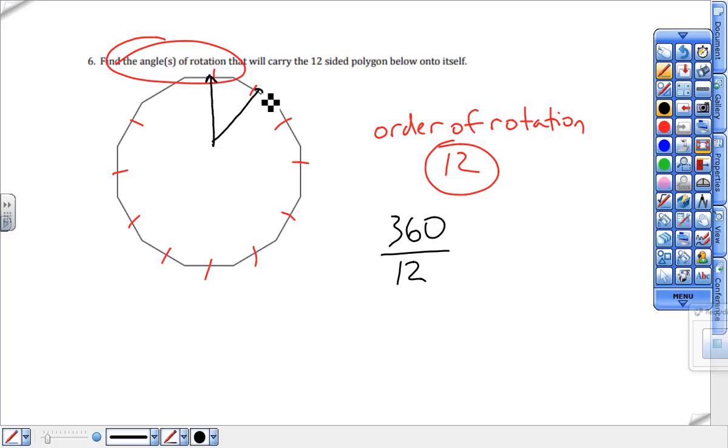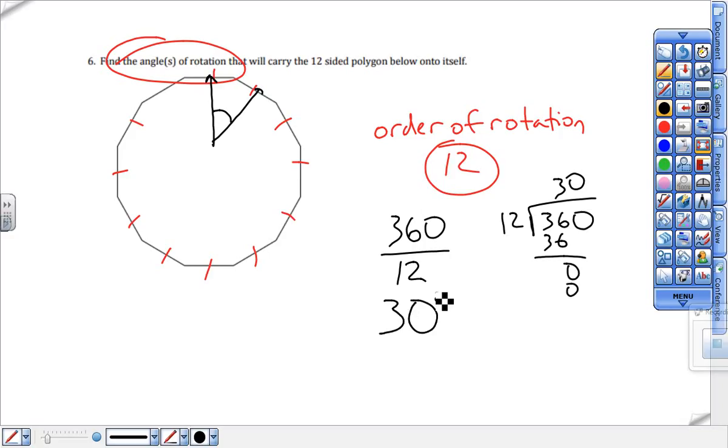That will give me this angle in degrees. So if I take 360 divided by 12, 12 goes into 36 3 times. Bring down the 0. 12 goes into 0 0 times. That is 30 degrees. So again, every time I turn at an angle of 30 degrees, it covered itself up. So the angle of rotation is 30 degrees. All right, get this done. Show me tomorrow.